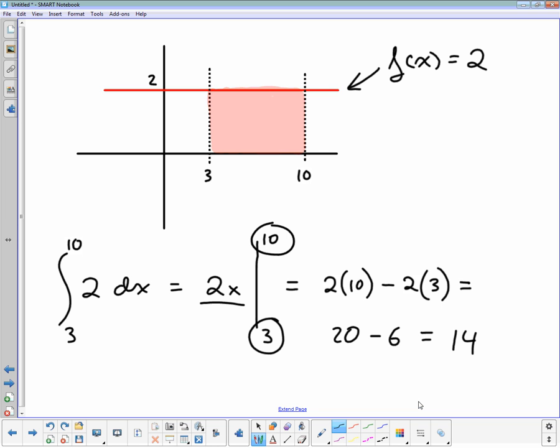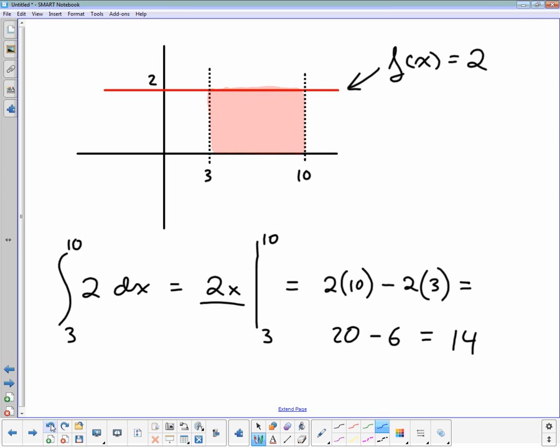I'm actually going to take a moment here to divert from normal issues. If I were to not have anything down here, and I would just say, if I'm going to integrate, I'm going to plug in 10.